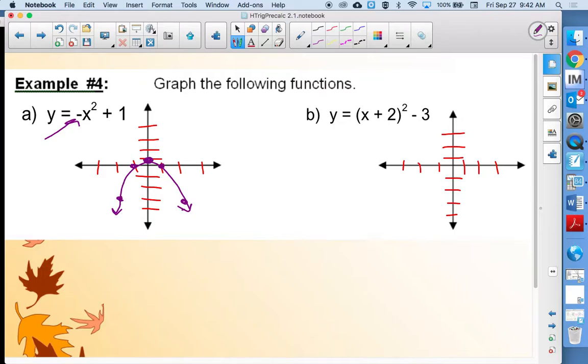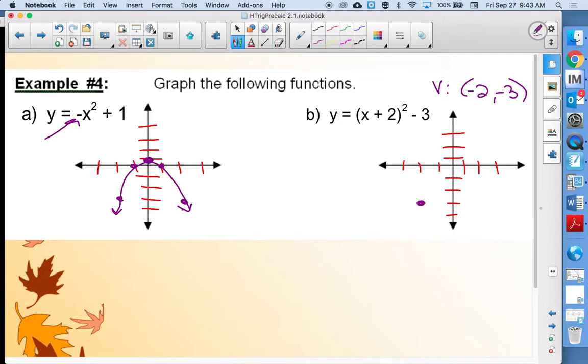And then, Gabby, how about the letter B? How's that one moving? The vertex would be -2, -3. Yeah, so vertex is -2, -3, so we're moving in that direction. -2, down 3. This graph is going up.